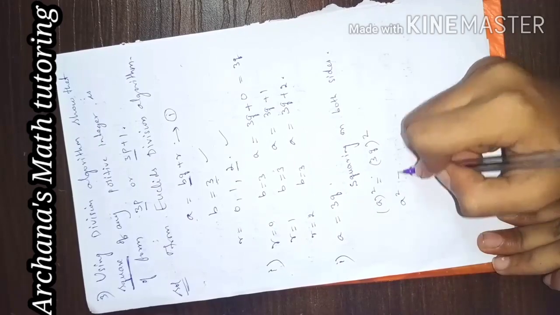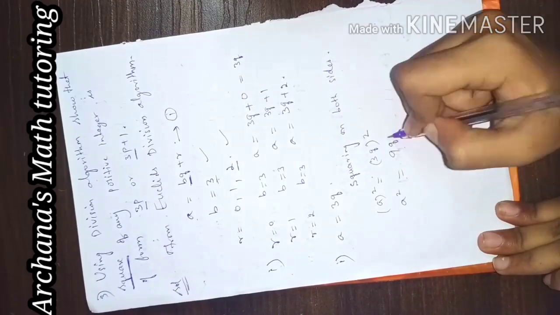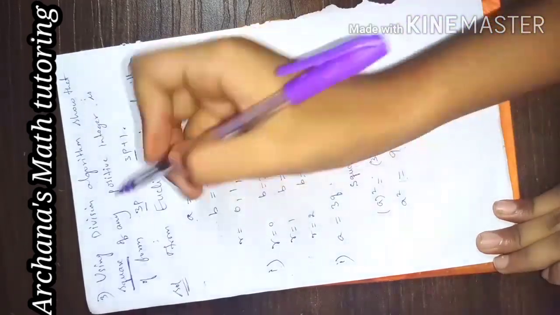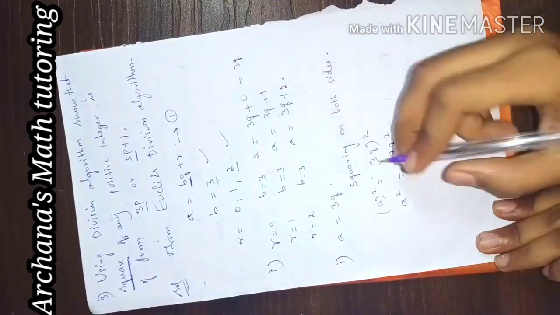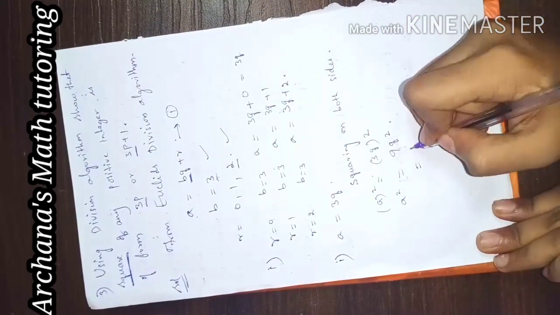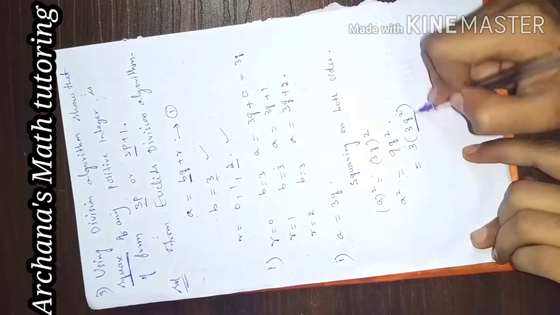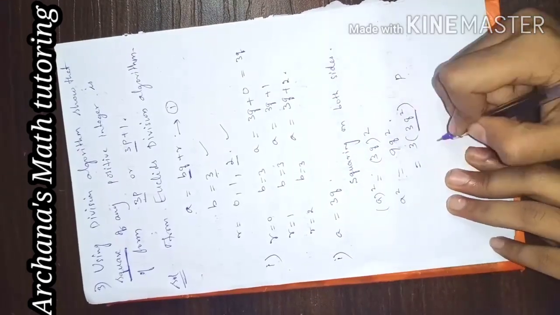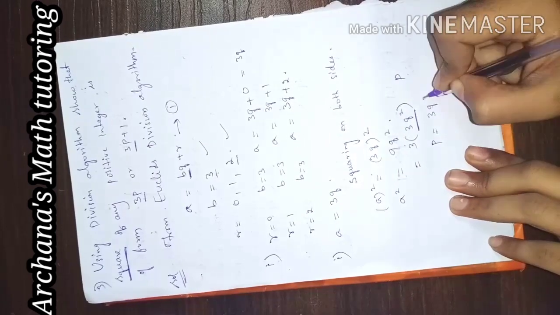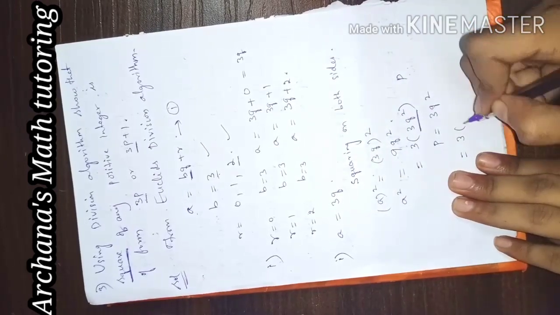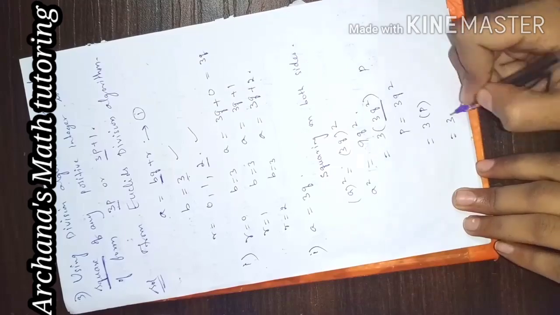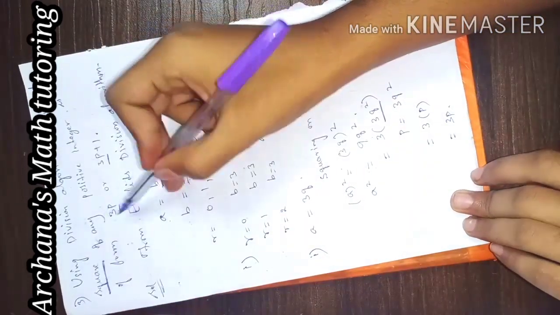So a square is equal to 9q square, but we should show this in the form of 3 into something. So we can also write 9q square as 3 into 3q square. This 3q square is nothing but p. P is equal to 3q square. Then we get 3 into p, which is nothing but 3p, what we wanted from the question.